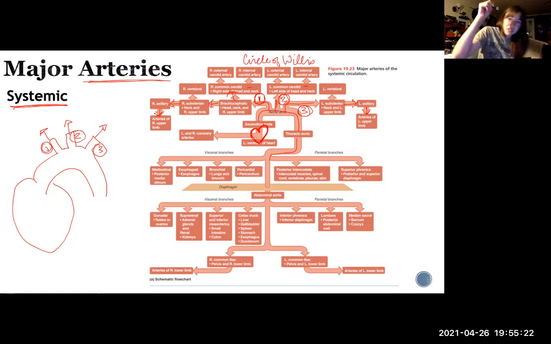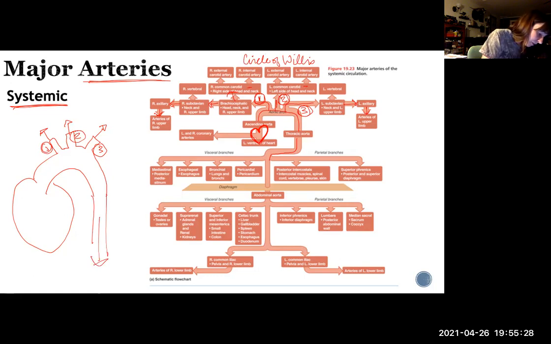Going down the descending aorta, as we continue down to the rest of the body, the aorta becomes the abdominal aorta. The abdominal aorta, by the time we get down here, further down, below the diaphragm, we're going to have a branch called the celiac trunk.